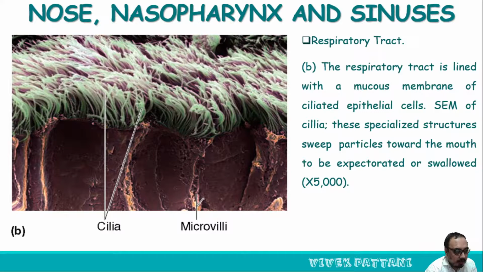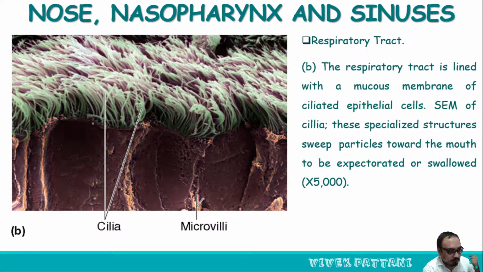The elimination of microbes in this manner is referred to as the mucociliary escalator effect, which is one of the most important mechanisms that prevents inhaled microorganisms from migrating further into the lower respiratory tract.